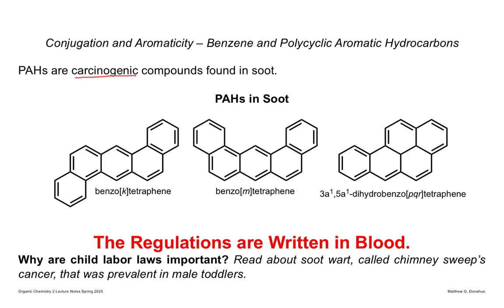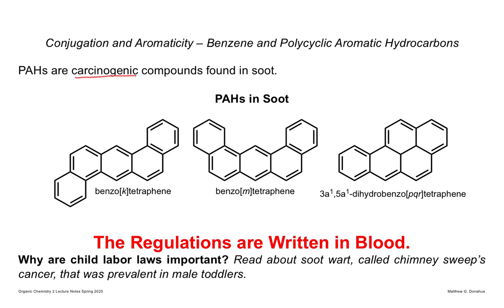So these are three compounds that are found in soot. And soot's the black residue that's left over when you burn, like, a candle or a fire. If you burn candles in your dorm or house or apartment, and if you're a good homeowner and you check your air filter, at the end of the 3 months when you check that air filter, it will be black, and it's from the candles.